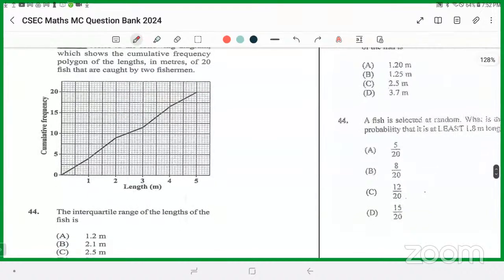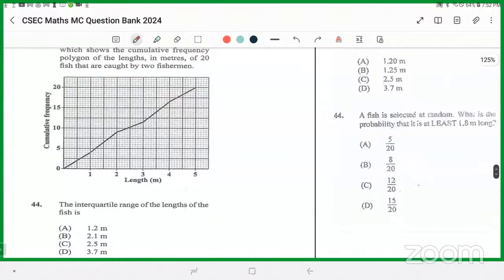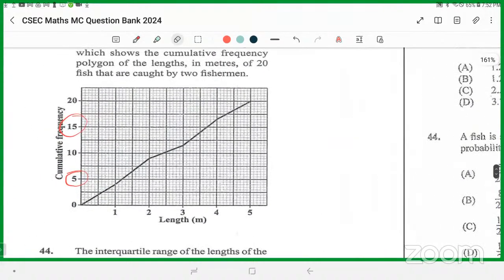All right. It says the interquartile range of the length, same thing again: Q3 minus Q1. 20 fish. This is the halfway mark. This is the bottom half, this is the top half. This is the position of Q1 and this is the position of Q3. So those are the 2 positions that we want.